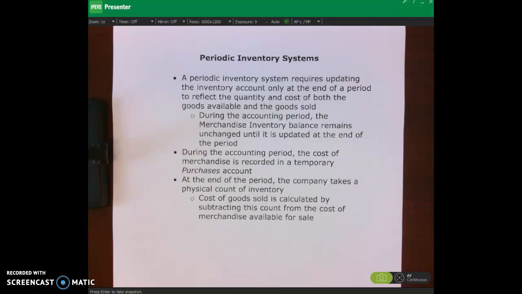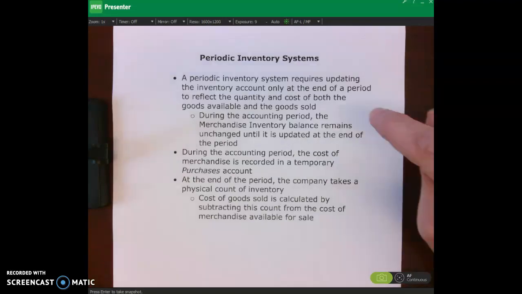Here's the value of all of our ending inventory, and then we would subtract that from our merchandise available for sale, and that would give us our cost of goods sold. So at the end of the accounting period, we would debit cost of goods sold and credit merchandise inventory after we do our end of period inventory count.